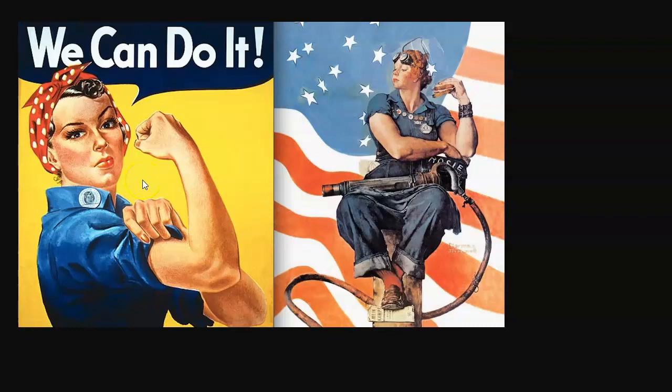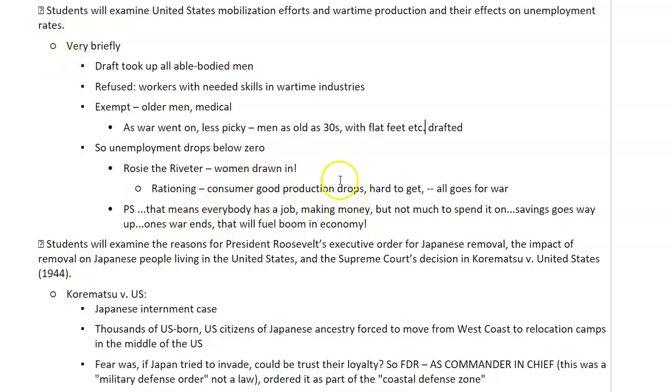One of the messages they had to give women is, you don't become a guy when you take a factory job. Don't fear you're going to lose your femininity, or the guys are not going to want to date you anymore, or you're going to become too masculine. You can stay a real woman's woman and also be a tough worker, helping out the men as they go off to war. So the Rosie the Riveter thing was quite real.